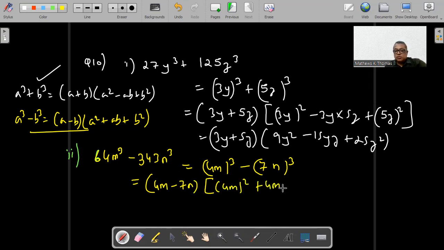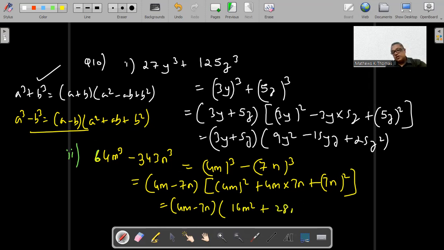Plus ab. So multiply 4m into 7n plus b square. That is 7n whole square. So final answer 4m minus 7n, 16m square plus, when I multiply this, I get 28mn plus 49n square. Okay, so this will be the final result of this.